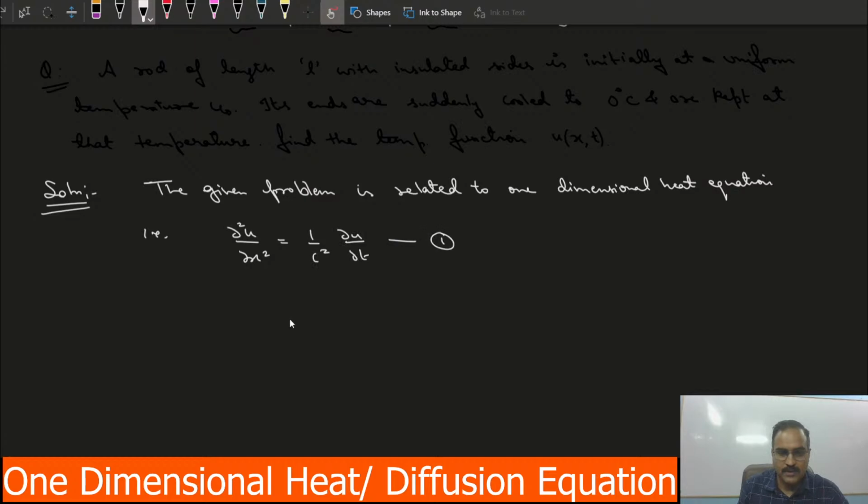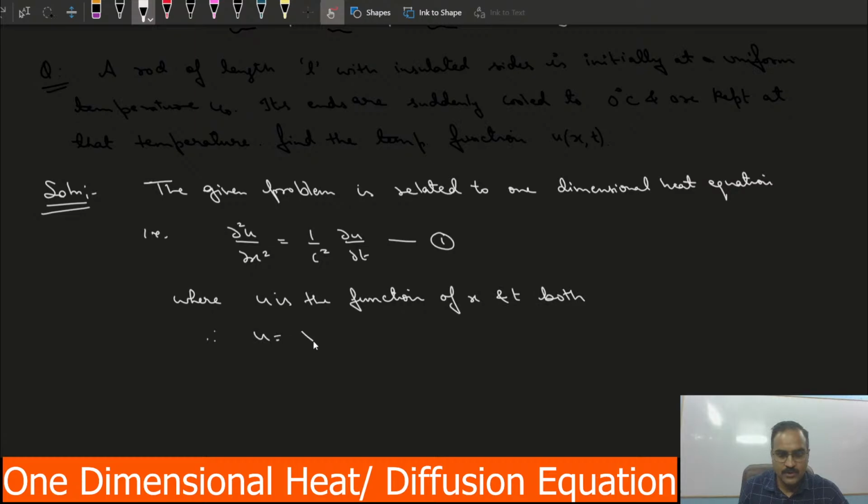That will be equation number 1, where u is a function of x and t both.